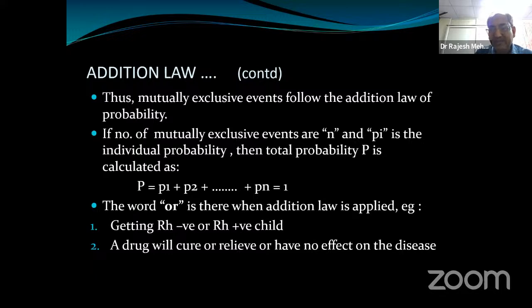The word "or" is there when the addition law is applied, as in getting an Rh negative or Rh positive child. A drug will cure, or relieve, or have no effect on the disease. If you ask what the probability is that it will be either cross or king, it will be 100%: 50% king, 50% cross.